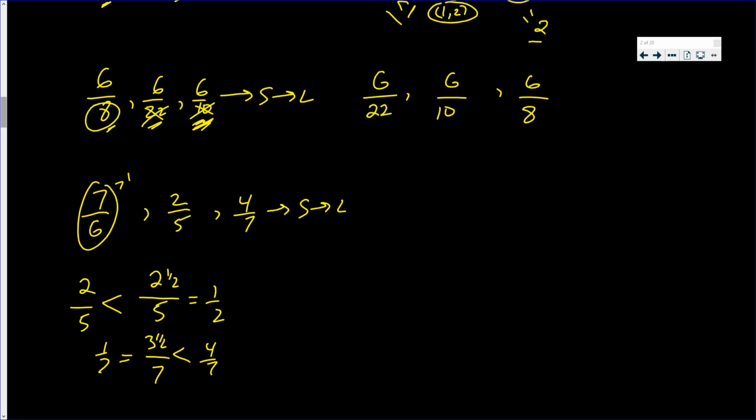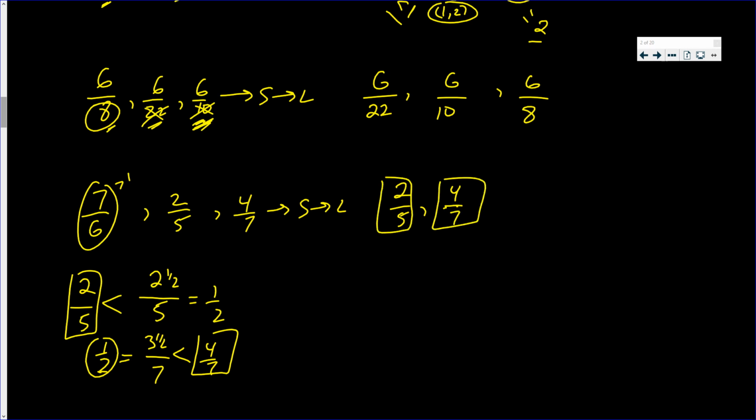So what I have is that this fraction, 2/5, is less than a half, and this fraction is bigger than a half. So of course, 2/5 is less than 4/7.